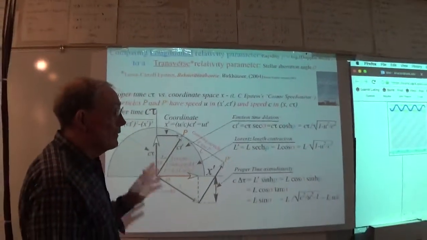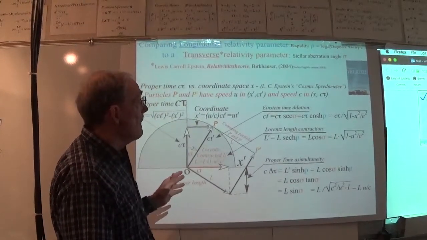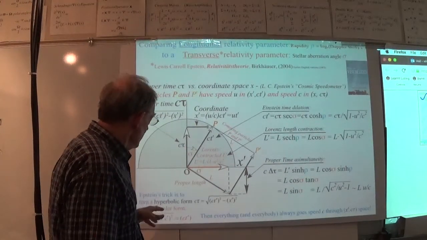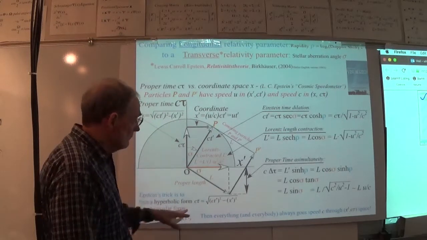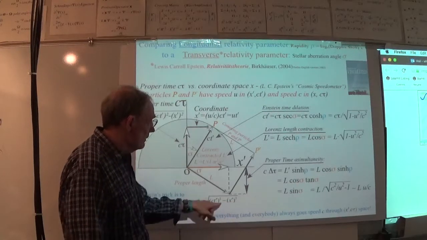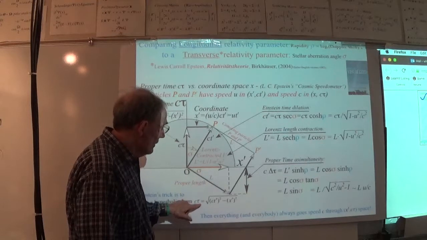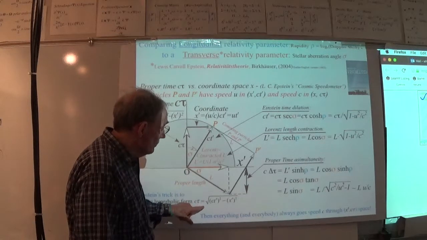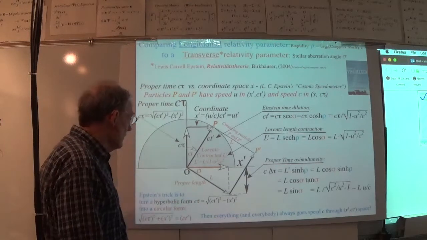Well, long before that was realized, he had written a book that took advantage of that. Basically, he takes the hyperbolic form for the relativistic, and this is just 1 minus v squared over c squared, with a ct squared taken to make this thing a ratio of the two. But that is the normal relativistic expression of proper time.